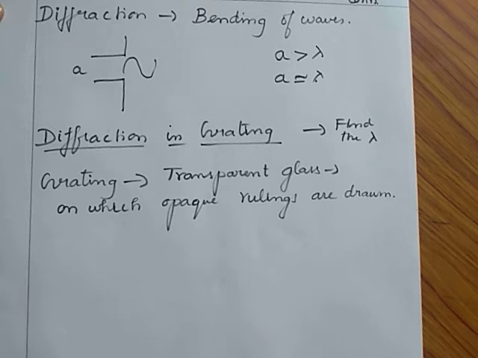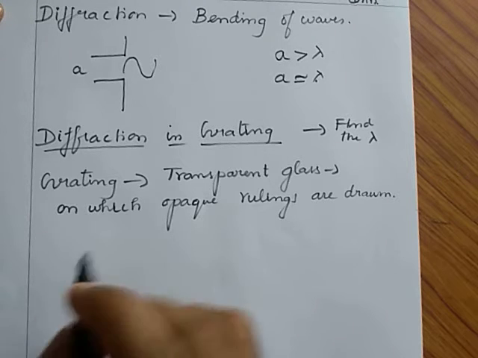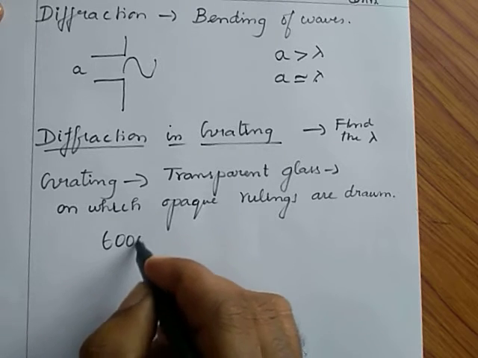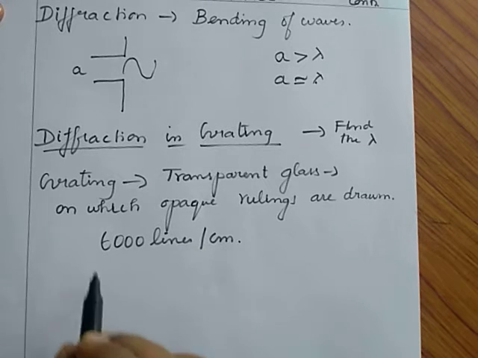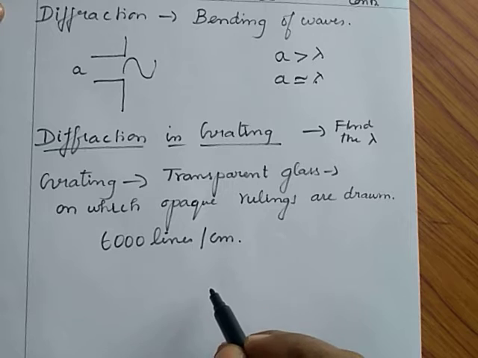In a modern plane transmission grating, there will be 6,000 lines drawn in 1 centimeter, that is, 6,000 lines per centimeter.